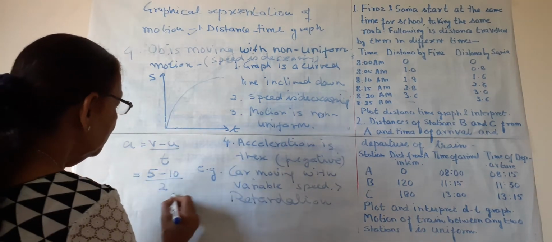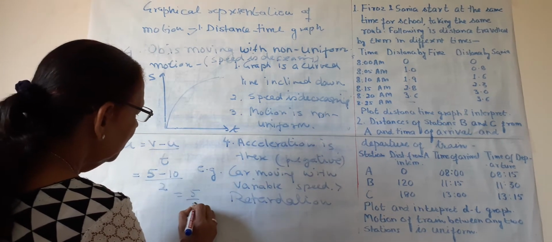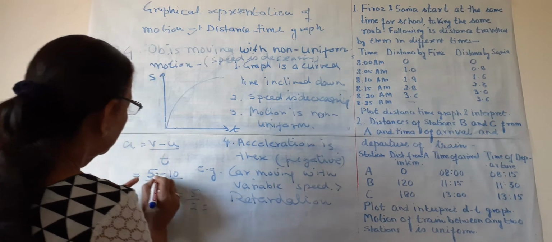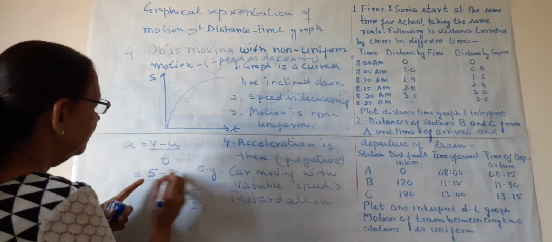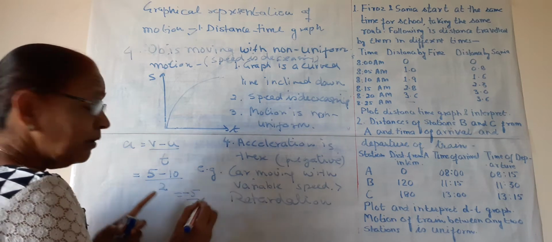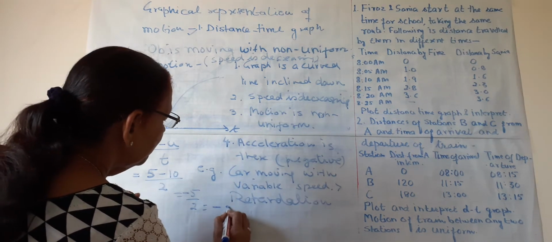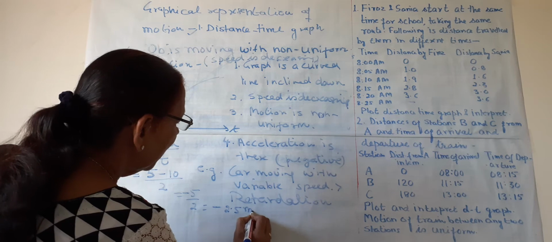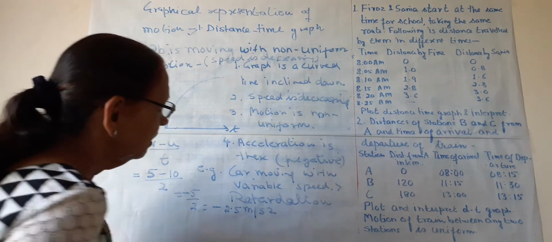So it will give minus 10 upon... 5 minus 10 upon 2, which is minus 5 upon 2. So we will have minus 2.5 meters per second squared.